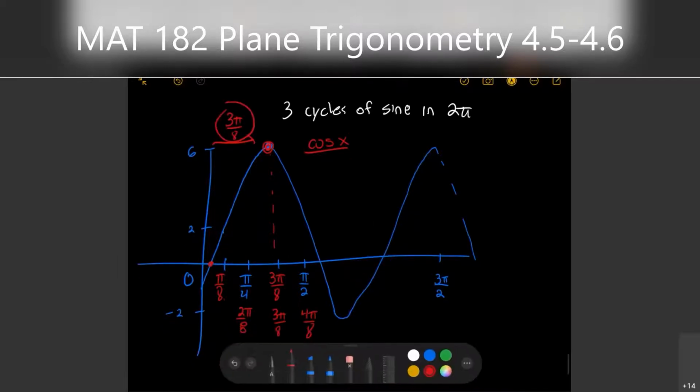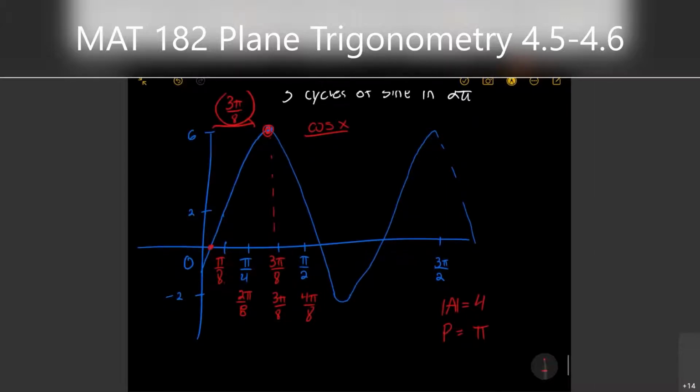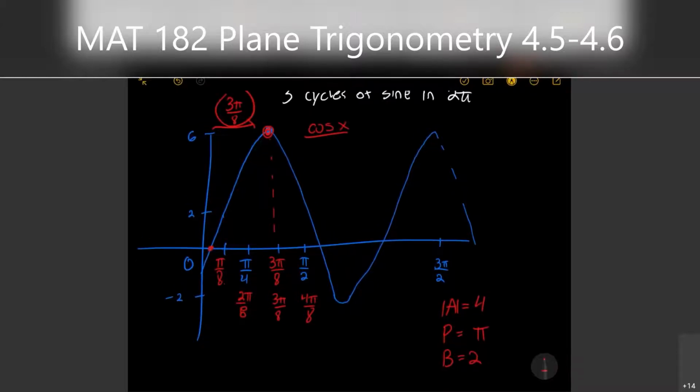So I think we can try to put this together. We had our amplitude, our b value, or at least our period was pi units. If our period was pi units, that would mean that our b value was 2, because we could do 2 cycles in 2 pi. And then our shift that we made was 3 pi over 8.